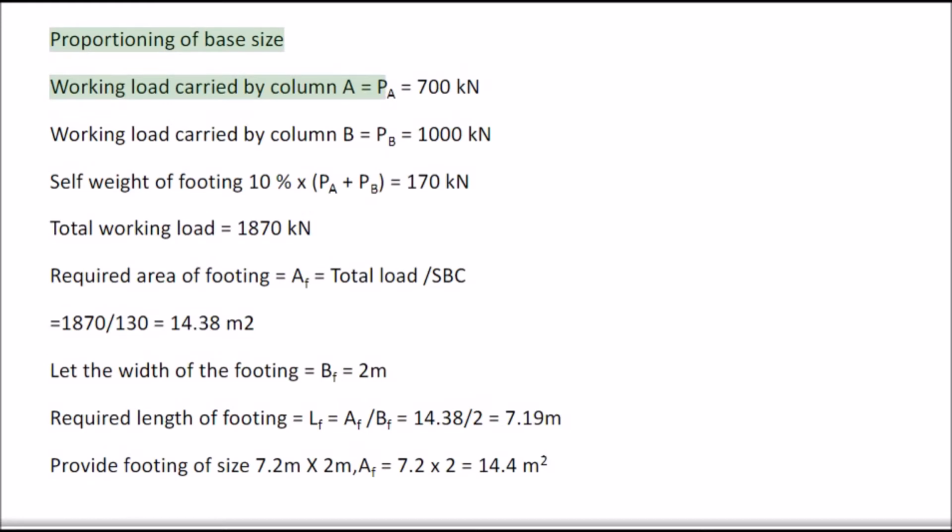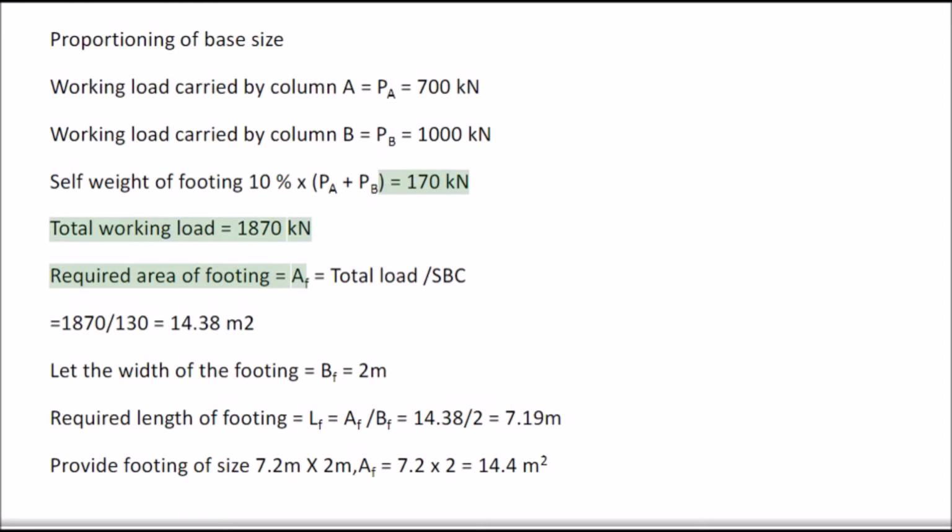Proportioning of base size. Working load carried by column A equals PA equals 700 kN. Working load carried by column B equals PB equals 1000 kN. Self-weight of footing equals 10% x (PA plus PB) equals 170 kN.